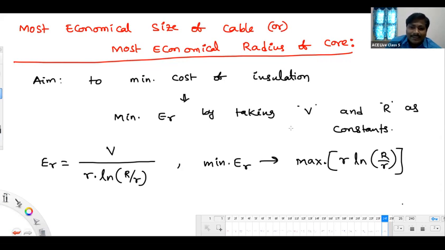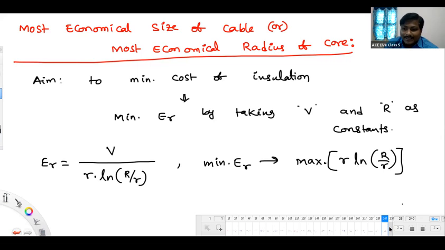Maximizing the denominator means we should take the differential of this as 0, meaning d by d small r of this should be equal to 0. By doing the differentiation, we should get that relationship.